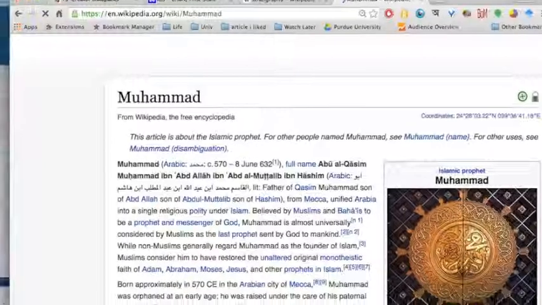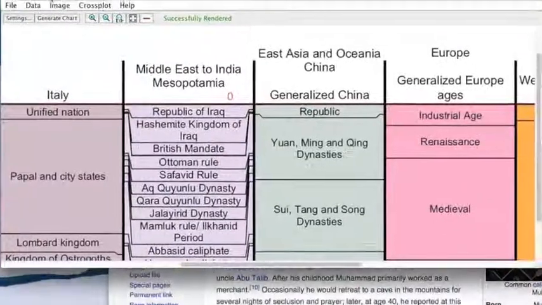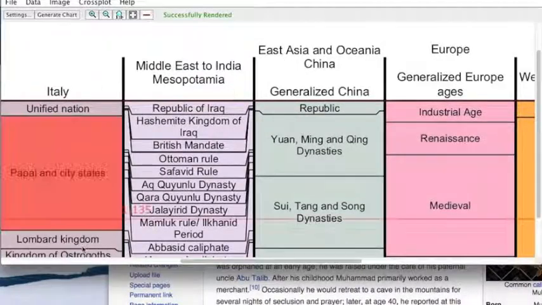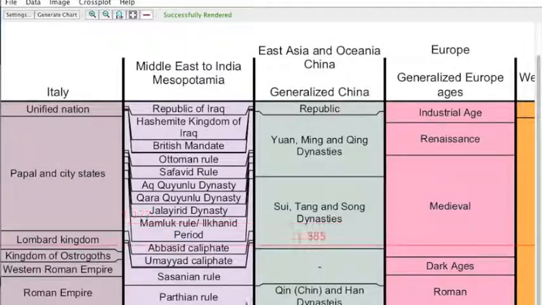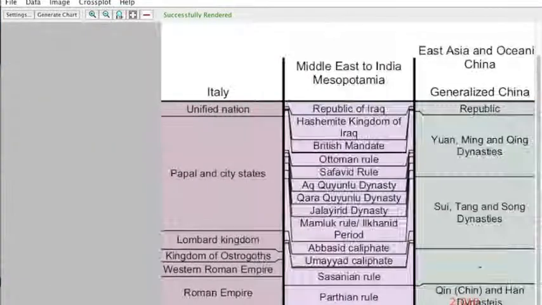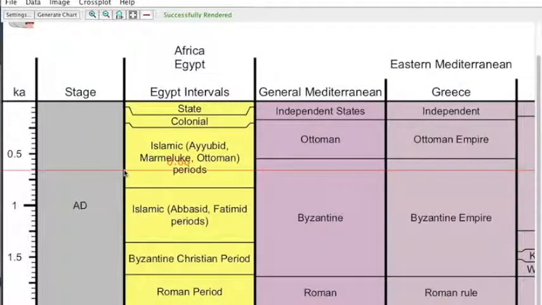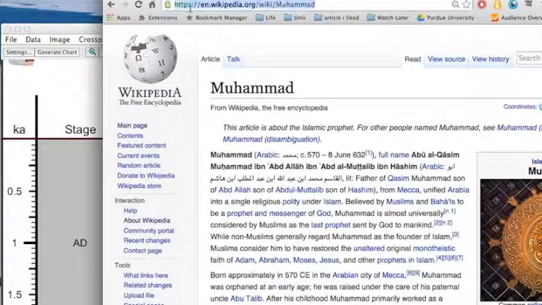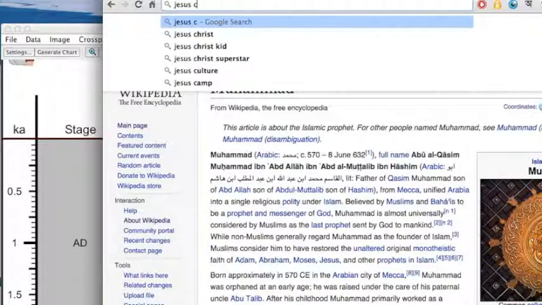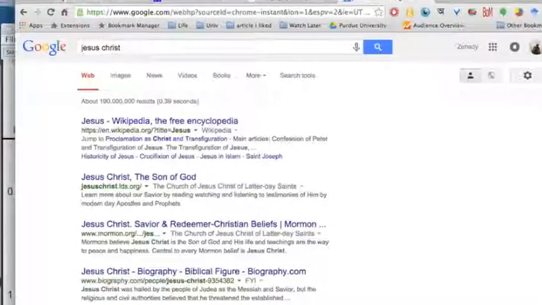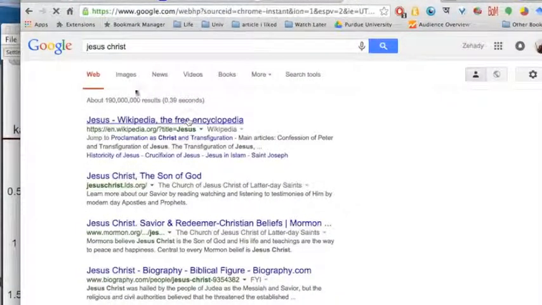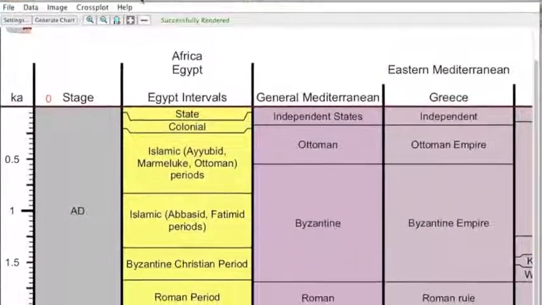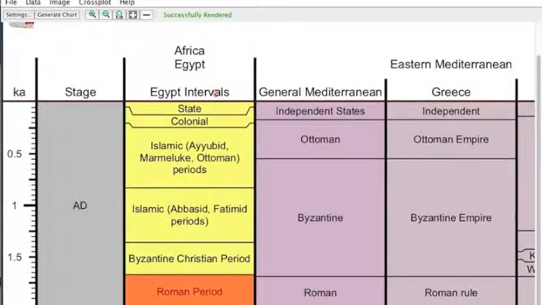Okay, however, you can find it by yourself, and it's not only the Prophet Muhammad. You may also be interested in Jesus Christ. You can search about Jesus Christ and see when he was born, what the age was at the time, and what was happening in other places, right?